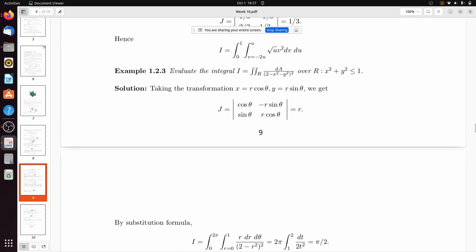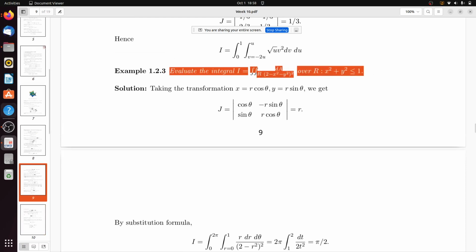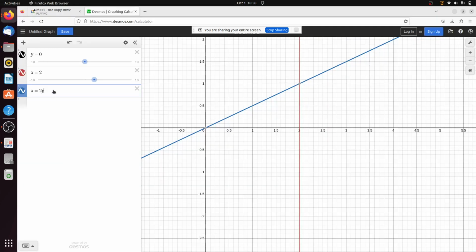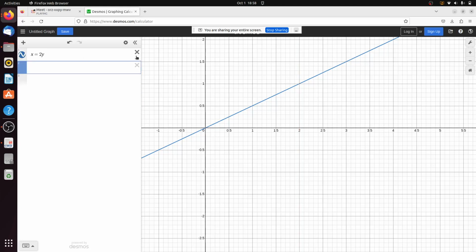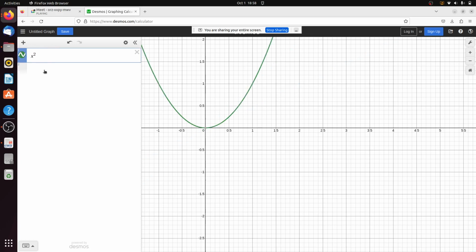Here the domain of integration is the entire circular disk. I am plotting the circular disk. You will just see how x square plus y square looks. See, this is x square plus y square equal to 1, that is the circle.